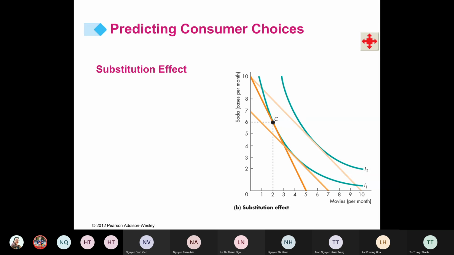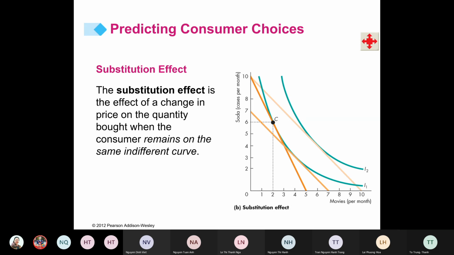Now, you will see the substitution effect is the effect on the quantity of movies while the consumer remains at the same level of satisfaction. Previously, at point C, Lisa gets utility, let's say U1, on indifference curve 1.